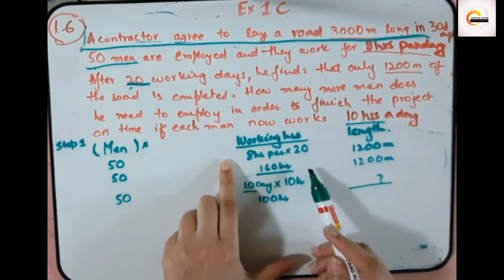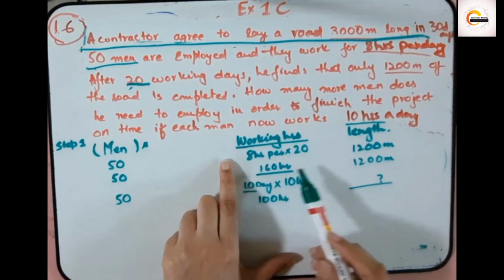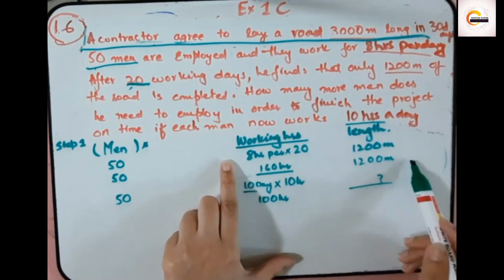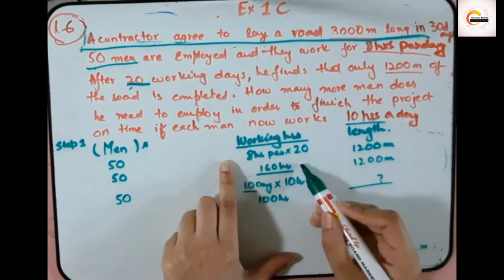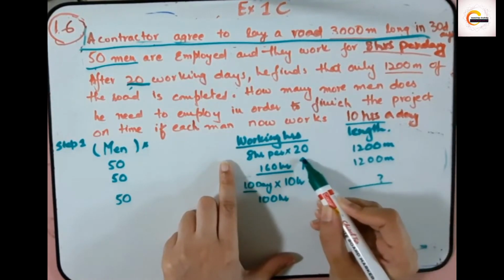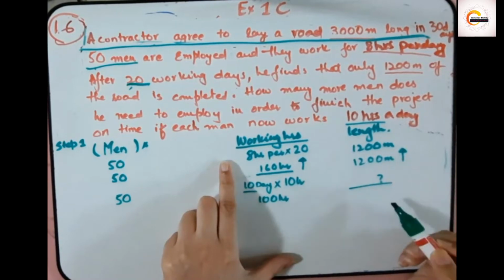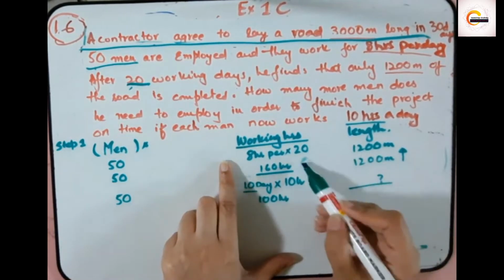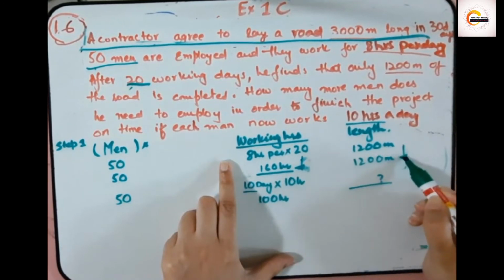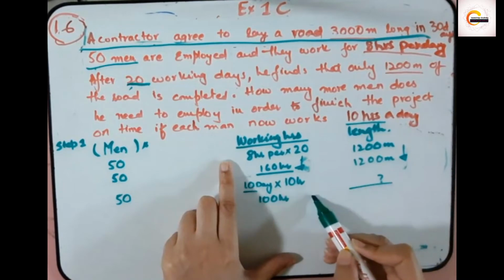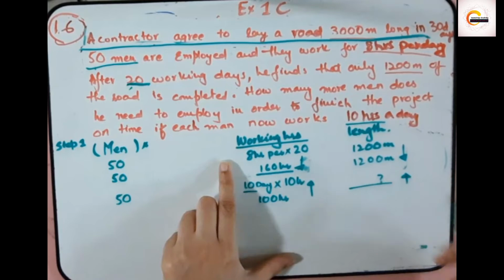So let's check if the working hour decreases, does the length of the road decrease or increase? Simple. If the working hour decreases, their work will decrease. And if the working hour increases, their work will increase.